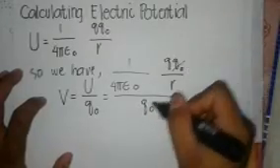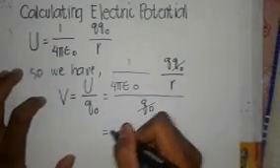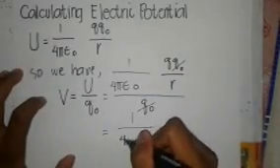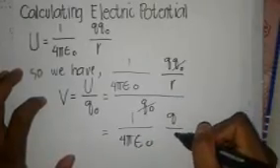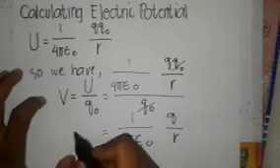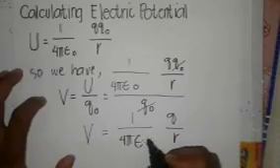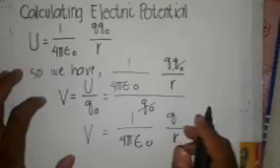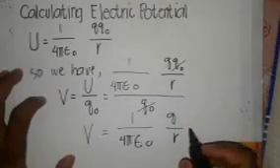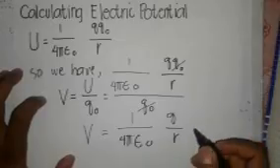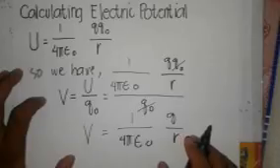So the Q naught here and here will cancel, and we get 1 over 4 pi epsilon naught, Q over r. So this will be our equation for potential due to a point charge, where r is the distance from the point charge Q to the point at which the potential is evaluated.